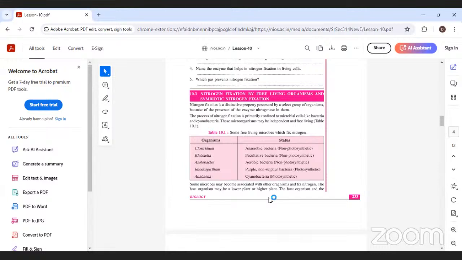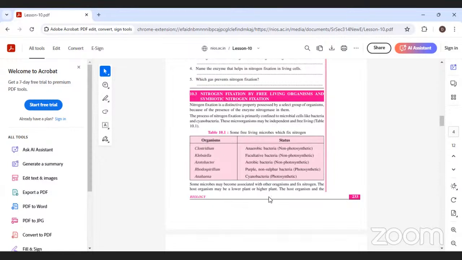Third is Azotobacter, an aerobic, non-photosynthetic bacteria. Fourth is Rhodospirillum, a purple photosynthetic bacteria. Next, Anabaena, a cyanobacteria, which is photosynthetic.